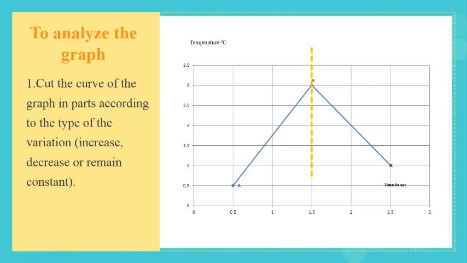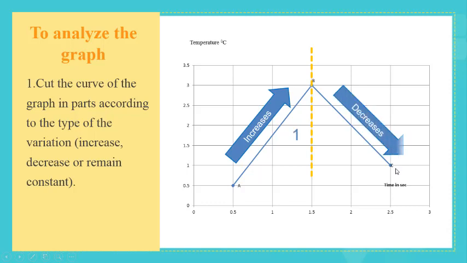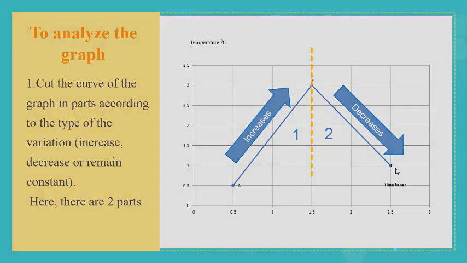The variation of the first part from point A to point B is increases. The variation of the second part from point B to point C is decreases. So here there are 2 parts.